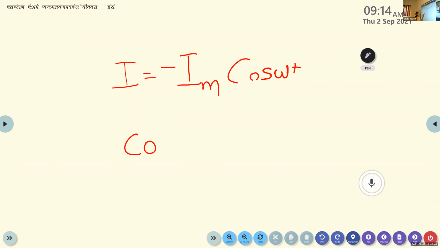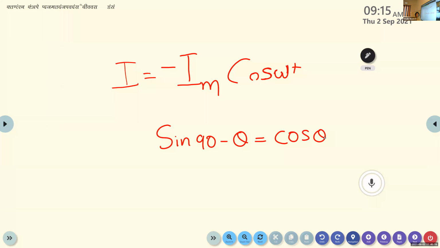There is a relation between cos theta and sin theta in trigonometry. In trigonometry, we study an equation: sin 90 minus theta is equal to cos theta.